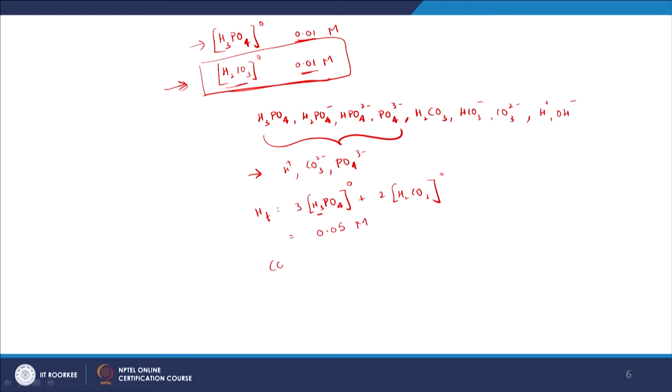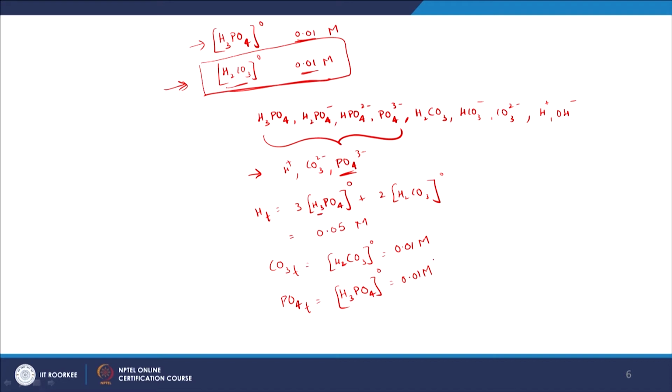And same case now, CO3 total, what is that going to be equal to? It's going to be equal to H2CO3 naught, meaning that's equal to 0.01 molal. And PO4, the last component total, what is that equal to? The only contribution is due to H3PO4, so that's equal to H3PO4 naught, and that's equal to 0.01 molar.